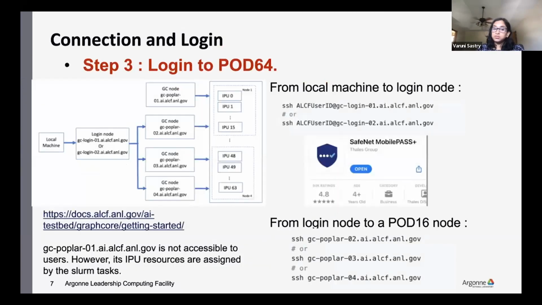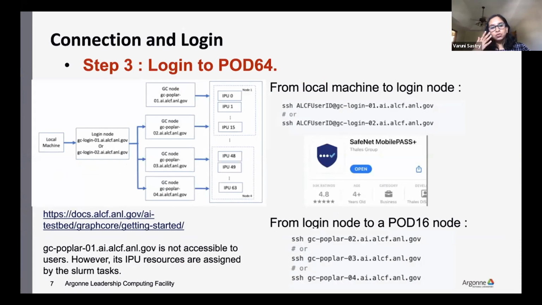So once you have all the access requirements done, the next step is to actually log in to a compute node. If you can see the snapshot here, you are on your, say, local machine. The way to actually reach the compute node is a 2-step process.